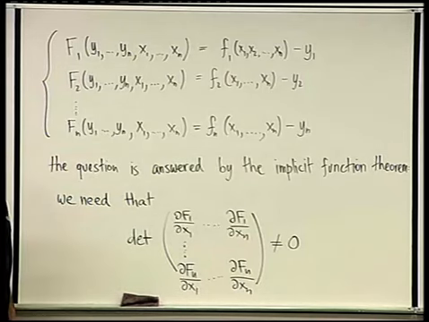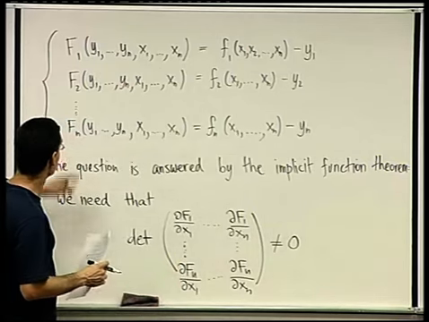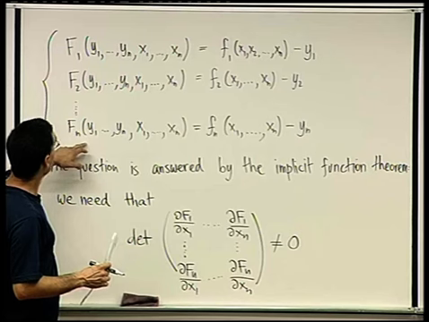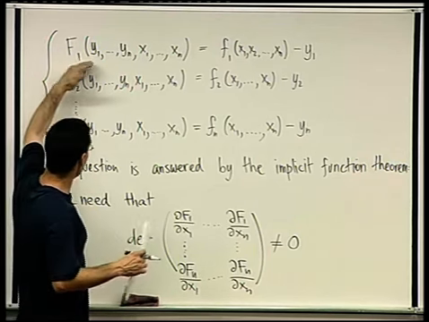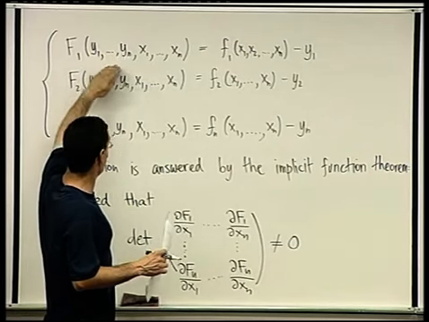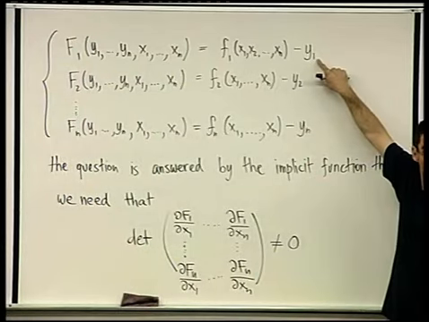Do you agree? Yes. Why is there a yn inside the bracket in the f1? I'm defining a new function, f1, as a function of 2n variables. Now, you're asking, wait, but f1 does not depend on yn, right?